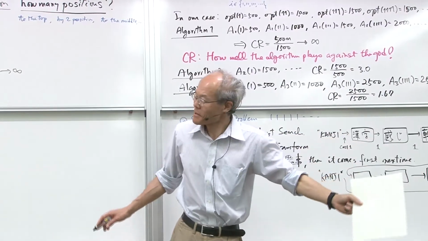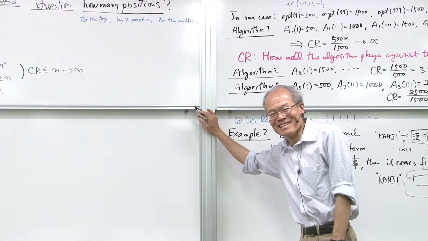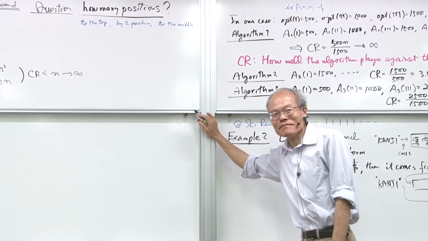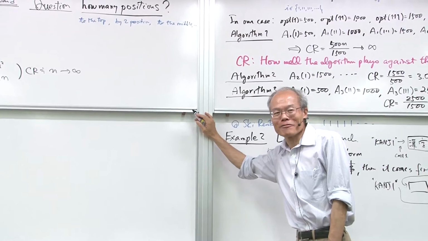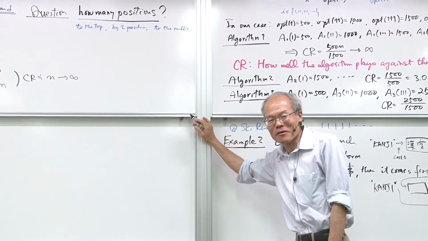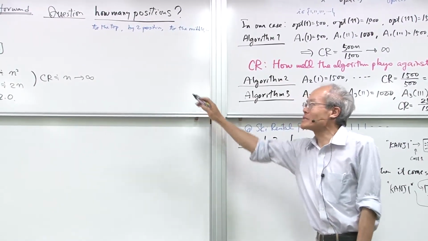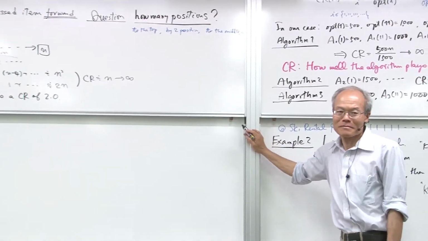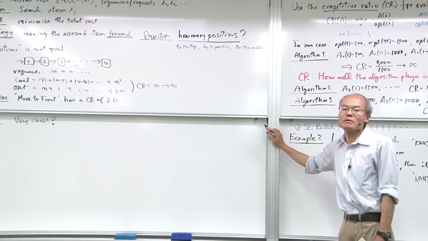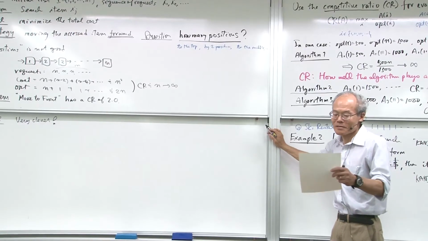But this time, we don't know the optimal algorithm, what it looks like. But still, we can compute the competitive ratio of this move to front algorithm. That is at most 2.0. It's really clever.